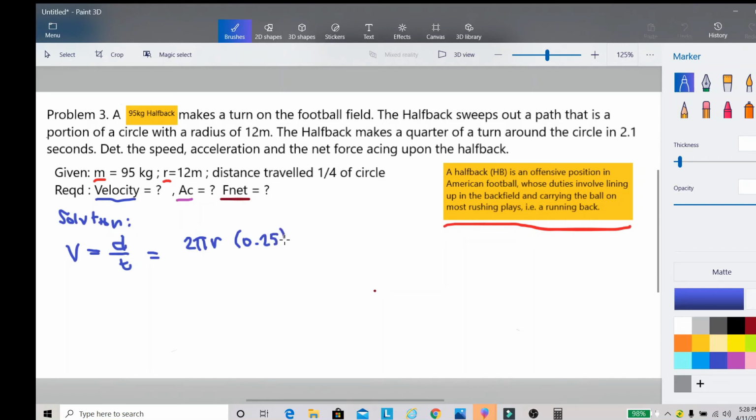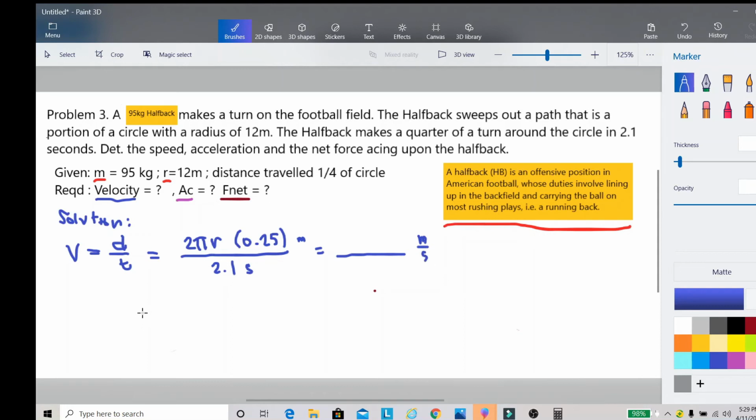Okay, 2 pi r times 0.25, divide that by the time. So what's the time? That is 2.1 seconds. Okay. So this one is in meter, so we are having an answer that is having a unit of meter per second.